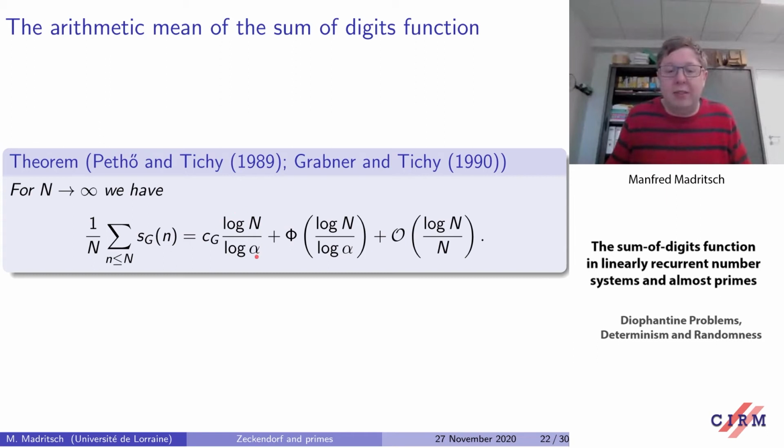So this gives the length of the expansion, and here you have a fluctuation, a one-periodic function that represents this: if you start with a length k digit expansion, then you have 1 and a bunch of zeros, and then it goes on and on till you reach q minus 1 everywhere, and then it jumps over to 1. And this gives you a period, and the period goes with the length of the expansion. So this explains this formula.